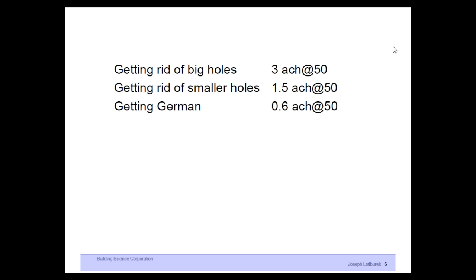I think that's neat if you're wanting to be a member of a select club of people who like to make things incredibly tight, but it's not a reasonable number from an industry perspective. Next.